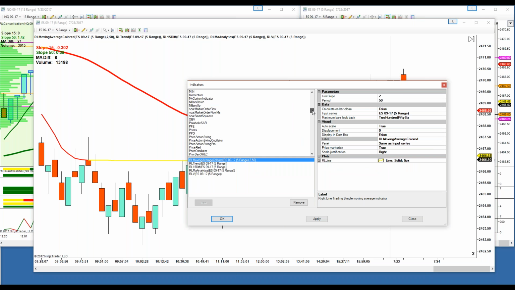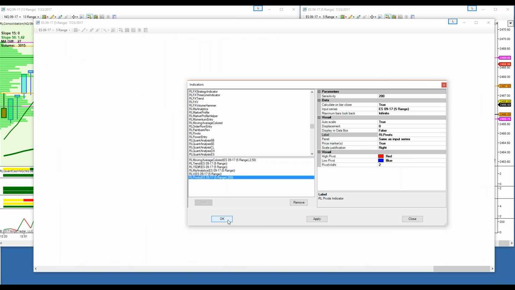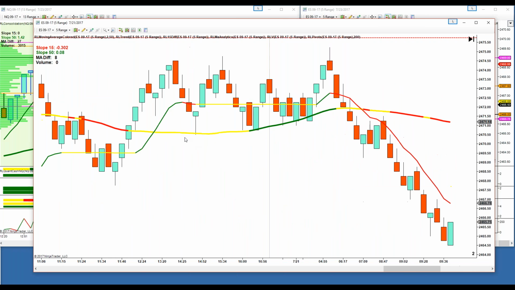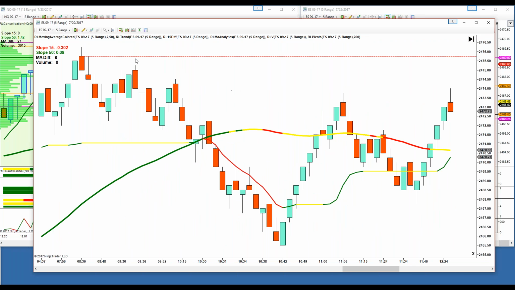Now we're going to look at pivots. Pivot sensitivity is set to 200. We want that sensitivity to be very high, i.e. not trace out a lot of pivots for us. Now there's a pivot. This is a very unique pivot indicator. It will break when 2/3 of a candle closes above it.